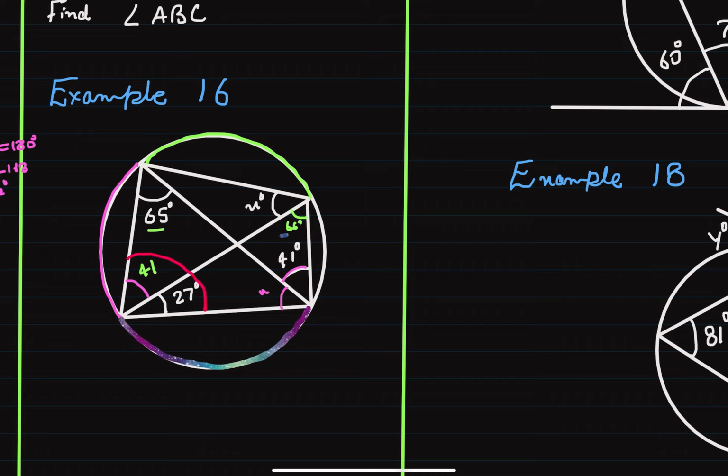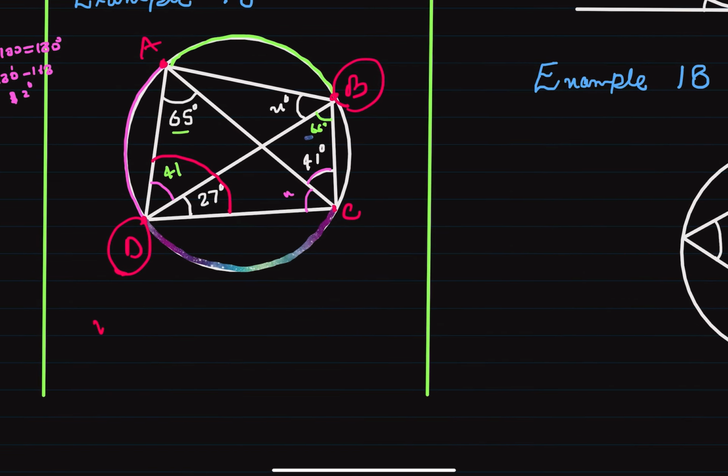So now you can do one thing. This is a cyclic quadrilateral. Let's say this is A, this is B, this is C, this is D. So angle B and angle D, they are opposite angles in this cyclic quadrilateral, right? So their sum should equal 180. That means x plus 65 plus 41 plus 27 should equal 180.